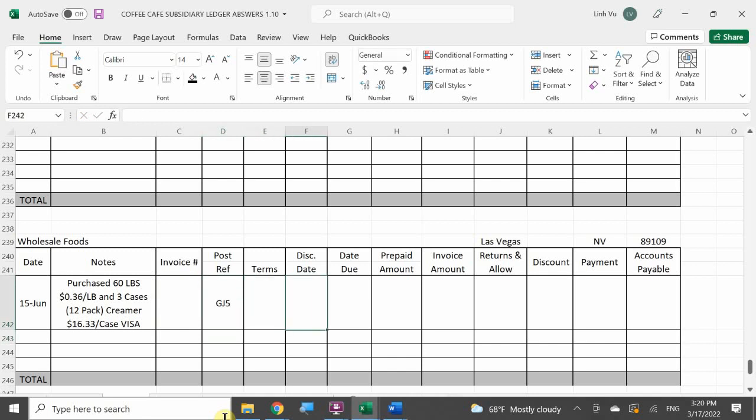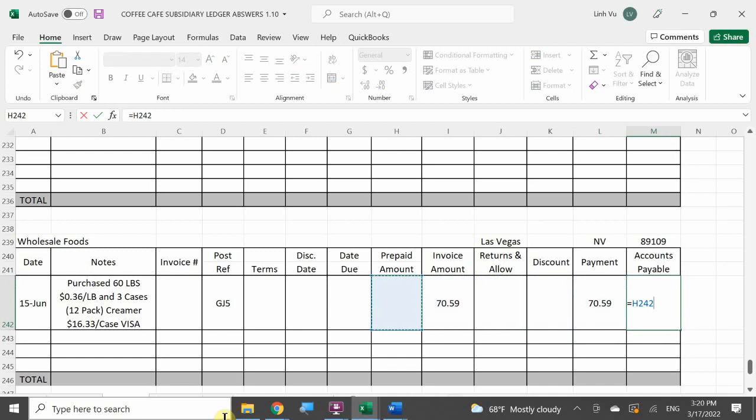Okay. How much was the total amount that I purchased? $70.59. And how much did I pay? $70.59, right? I used my Visa credit card to pay the bill.